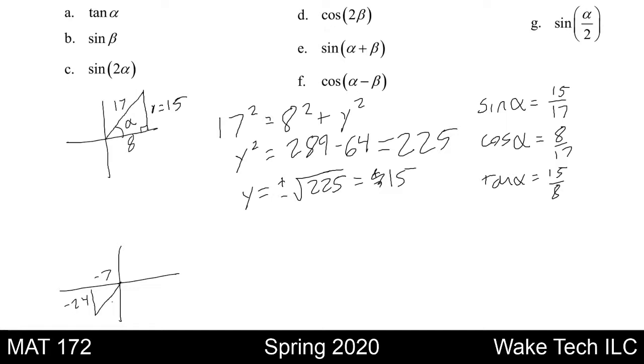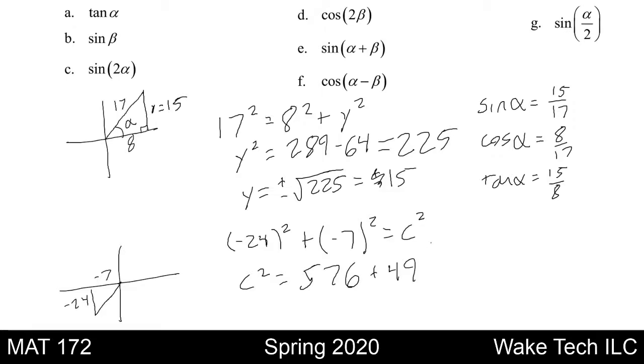All right, and similarly, we might want to know what the hypotenuse is, so we will square the components. Negative 24 squared plus negative 7 squared, and that should equal the hypotenuse squared, which we'll call c. So c squared then is equal to 24 squared plus 7 squared, which then I arrive at 576 plus 49. 576 plus 49 I have as 625.